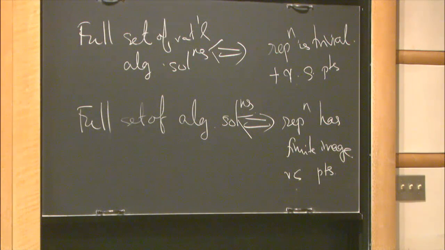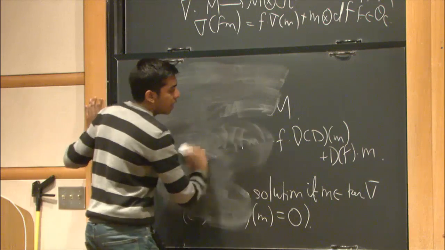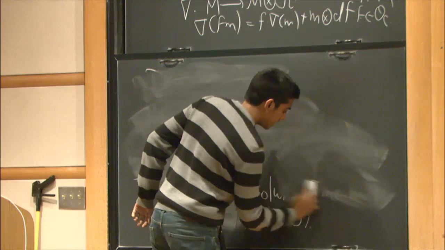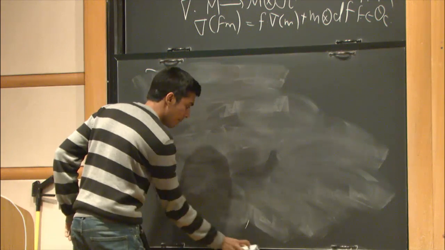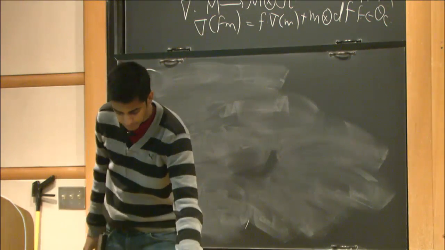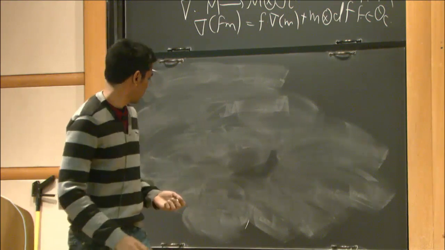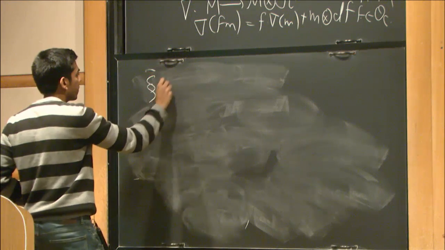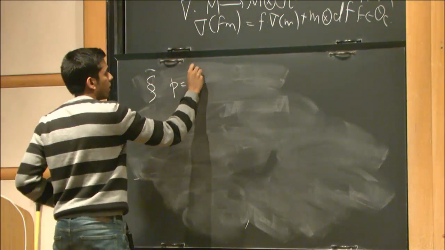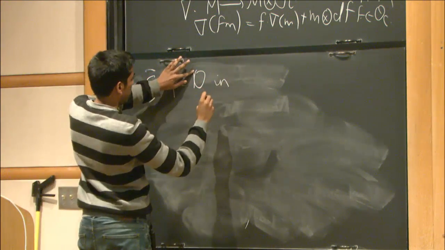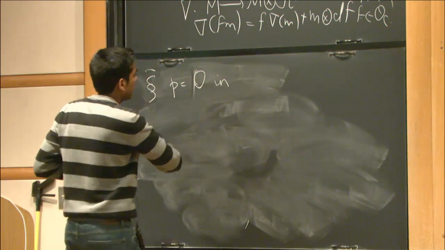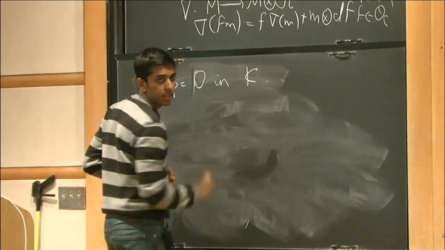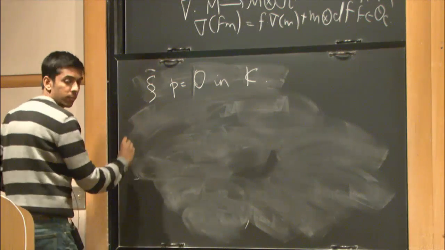As it turns out, things behave quite differently in characteristic p, and let's see how. Let's assume that p is 0 in the field K, in other words, K has characteristic p.